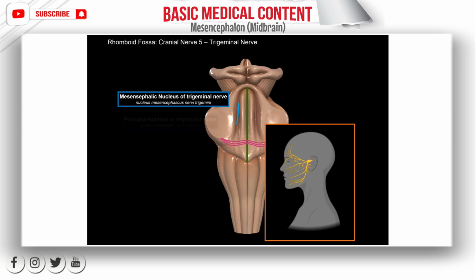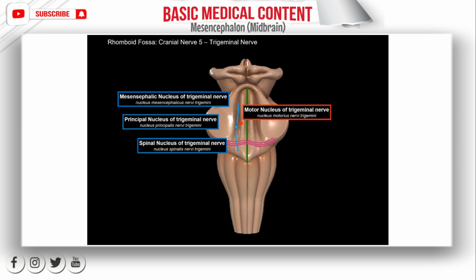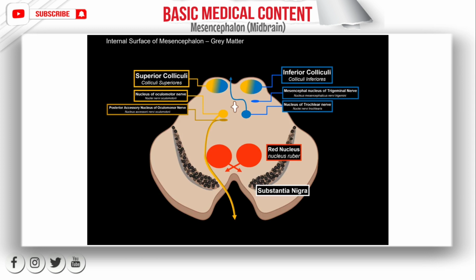Other nuclei are the principal nucleus of the trigeminal nerve, which senses touch and vibration, spinal nucleus, which senses pain and temperature, and motor nucleus of the trigeminal nerve, which provides motor innervation for muscles of mastication. These are the nuclei of the trigeminal nerve, but the mesencephalic nucleus of the trigeminal nerve is the only one extending upwards to the inferior part of the midbrain. That's why you see it at the level of the inferior colliculus. So that's these.